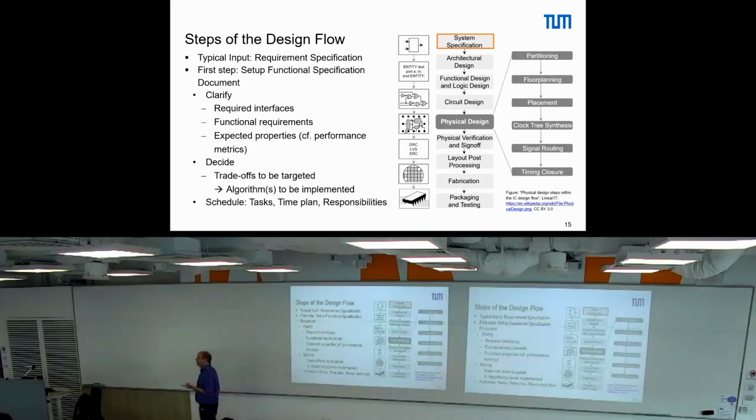What is done there? What level of abstraction are we talking about here? So the question is, on architectural level, we talk about an algorithm, we break it down into blocks. Now we go to a functional design, logic design. What is the abstraction level we are talking about here?